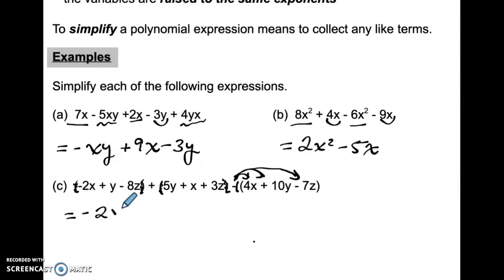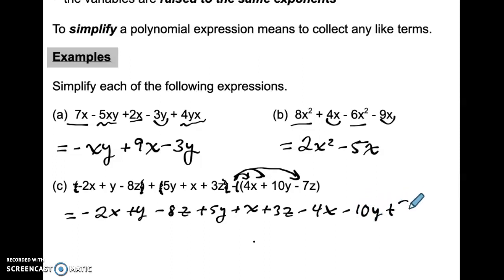So what we really have here is 2x plus y minus 8z plus 5y plus x plus 3z, and then minus 4x minus 10y plus 7z. So it just changes the sign of those last 3 terms.